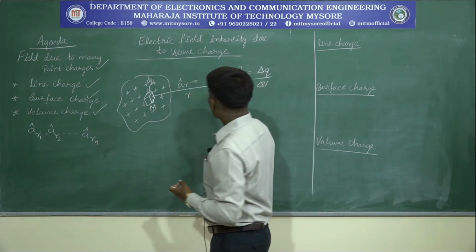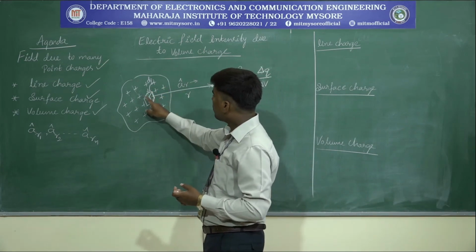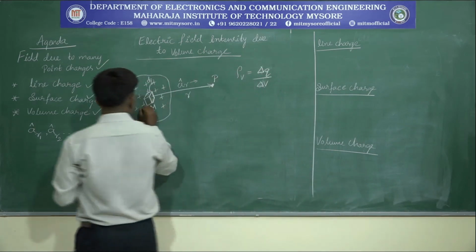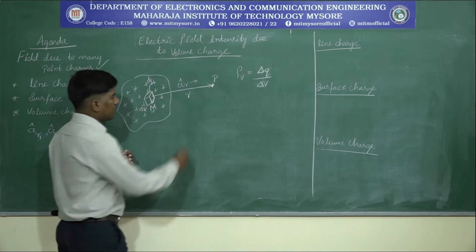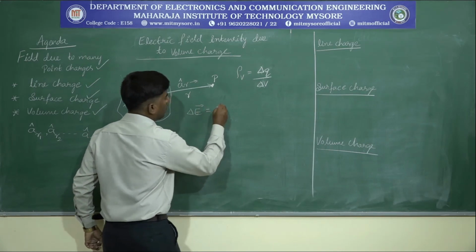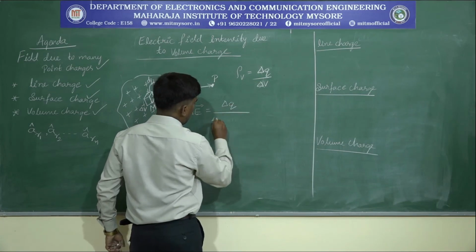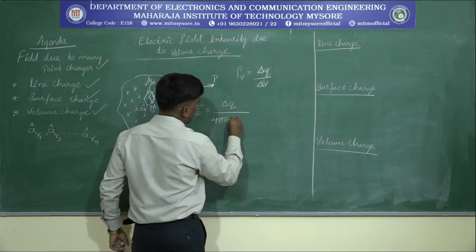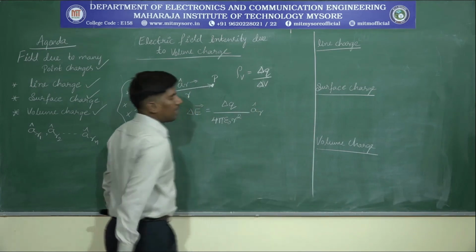So electric field intensity at point P due to the elementary volume delta V is given by delta E is equal to delta Q divided by 4 pi epsilon naught into r square into the unit vector a cap r.